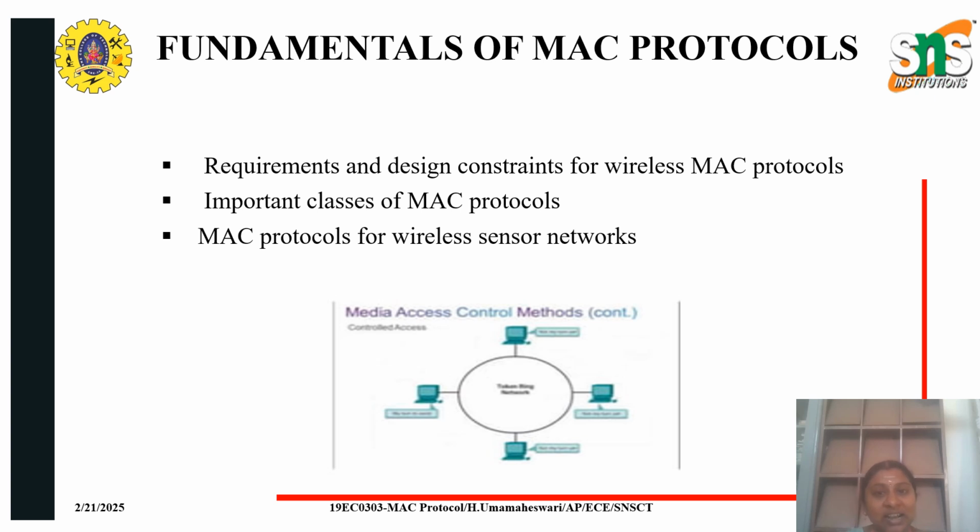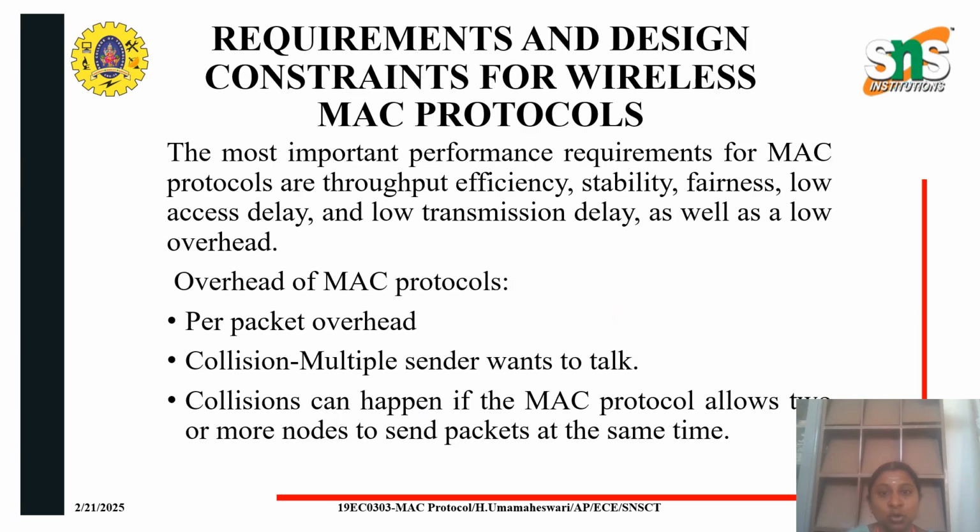The next topics are fundamentals of MAC protocols, requirements and design constraints for wireless MAC protocols, important classes of MAC protocols, then MAC protocols for wireless sensor networks. The requirements and design constraints for wireless MAC protocols are throughput efficiency, stability, fairness, low access delay, low transmission delay, as well as low overhead.